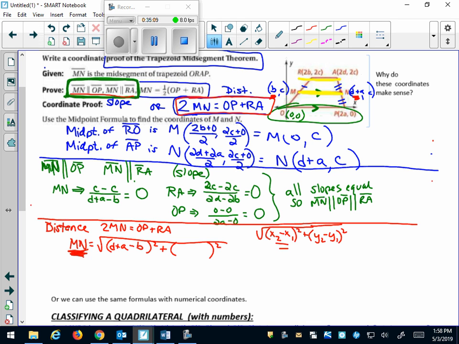All right, and then we have to subtract the y's. Here c is the y coordinate, and c is the y coordinate, so we're just going to do c minus c. What's c minus c? 0, so that just goes away. If I have d plus a minus b squared and then square root, what do I get? Exactly. The squared and the square root kind of cancel each other out, and we're left with d plus a minus b. That's the length of MN. Let's find the length of OP.